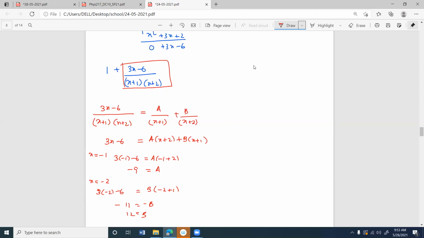So with that you can write the final answer: the complete number is 1 from here plus the remainder, where a is minus 9 over x plus 1 plus 12 over x plus 2. It's better to write it this way: 1 plus 12 over x plus 2 minus 9 over x plus 1. That's a way of writing the final answer for this kind of question.